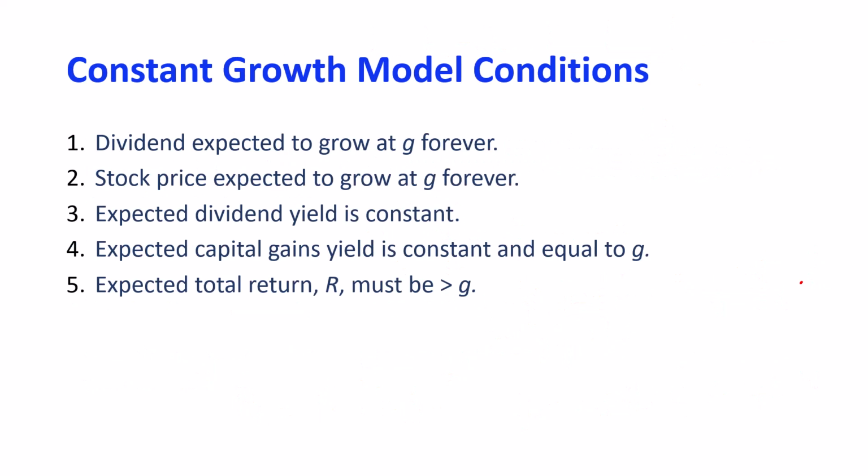So this constant growth model or dividend growth model or Gordon growth model conditions are that dividends grow at a constant rate of G forever. The price is also expected to grow at a rate of G forever, as we just saw. Expected dividend yield is constant.